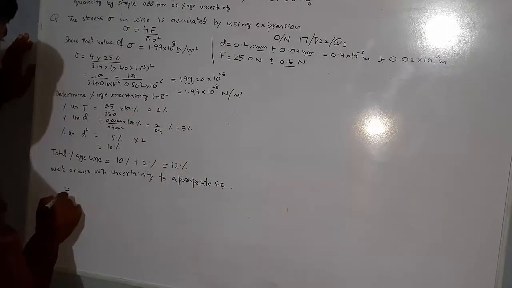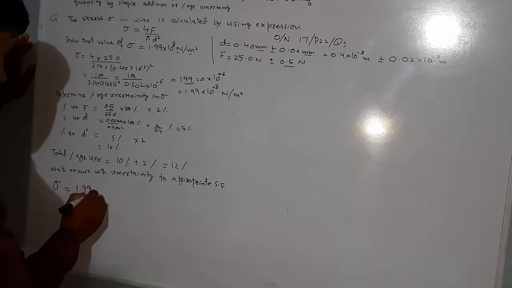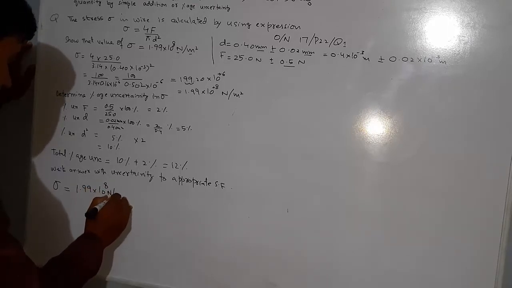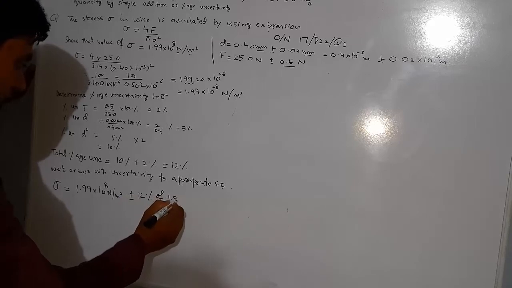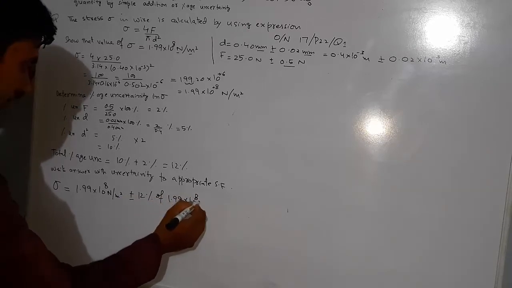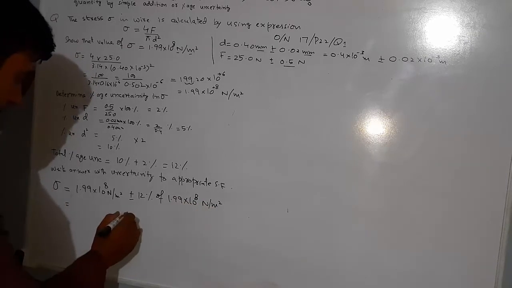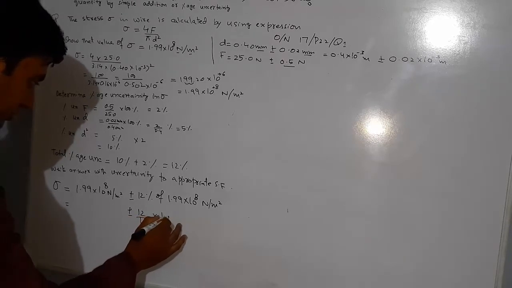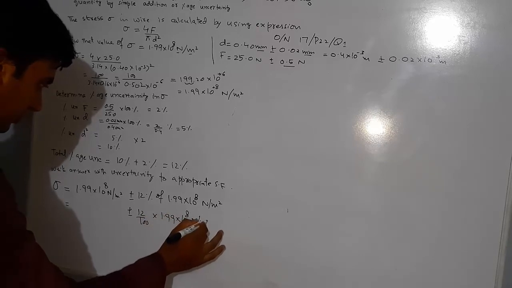So the answer for the sigma is 1.99 into 10 power 8 Newton per meter square, plus minus we write 12% of 1.99 into 10 power 8 Newton per meter square. 12% means 12 over 100 multiplied by 1.99 into 10 power 8 Newton per meter square.